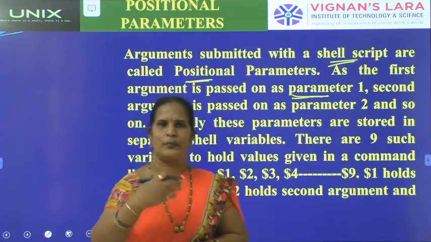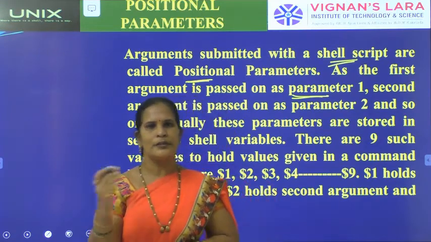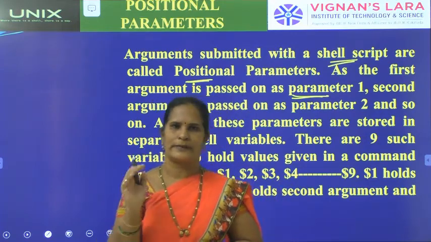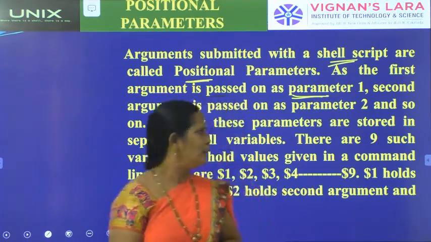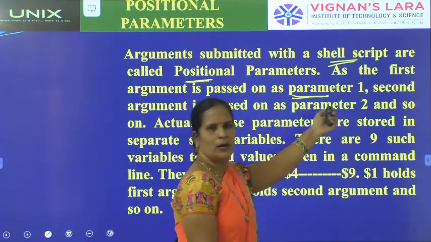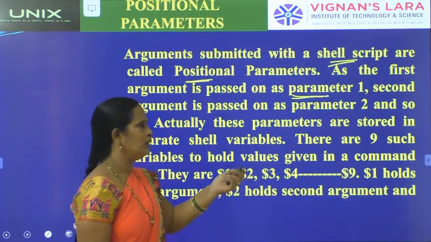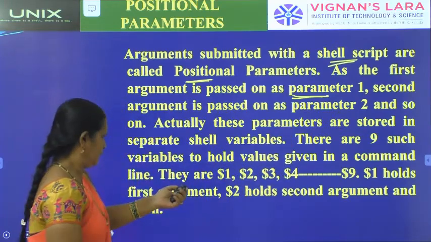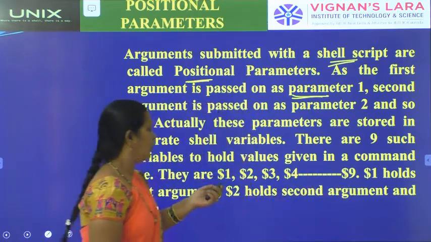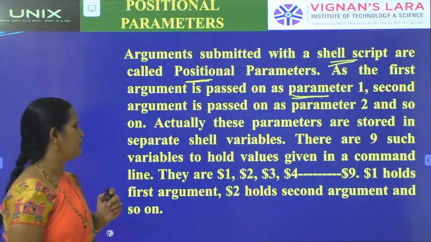I already explained these $0 to $9 and how to set them using the set command. Parameter 1 is known as $1, similarly parameter 2 is $2. All these are positional parameters.